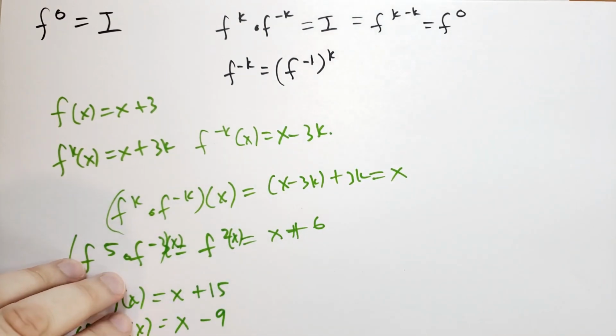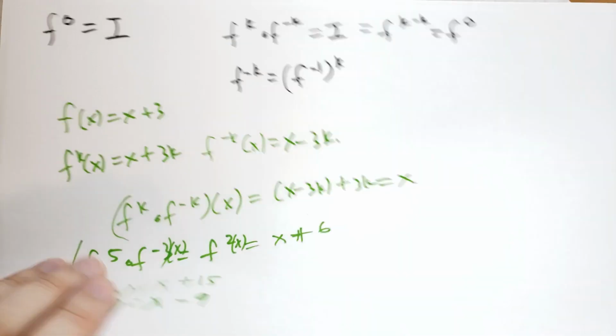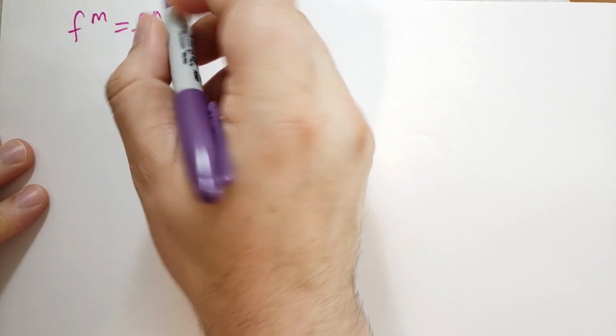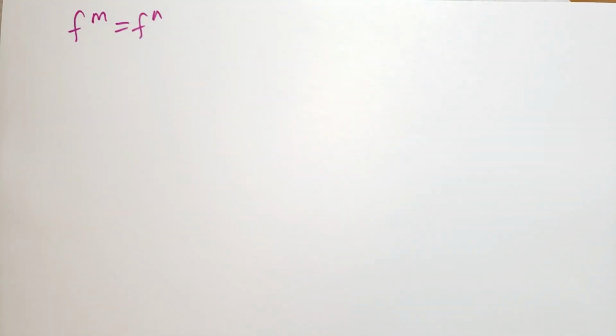Let's suppose that we have a mapping such that f to the m is equal to f to the n. I don't know what that mapping is going to look like or how it's going to behave.